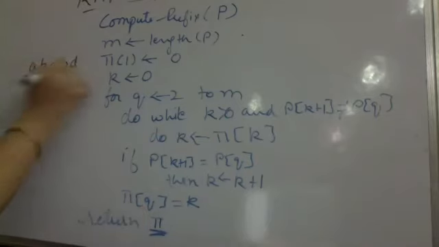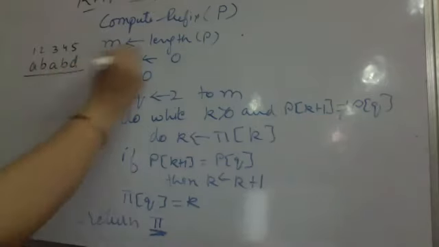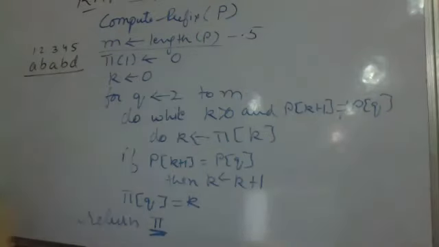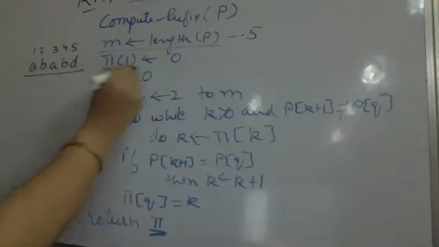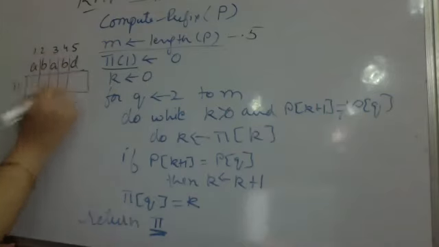ABD is supposedly my pattern, and the indexes are 1, 2, 3, 4, and 5. So initially the length m comes to be 5 here. Fine. Pi is the table which I am calculating for these values. So this is the pi value. Pi of 1 is initialized to be 0 through this statement.